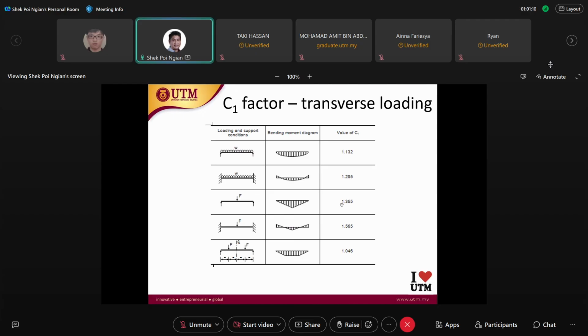Then your C1 factor is 1.365. Similar case but with rigid connection, then your C1 factor is 1.565. And if you have two concentrated loads, and the shape of the bending moment diagram is a trapezoid, your C1 factor is 1.046.